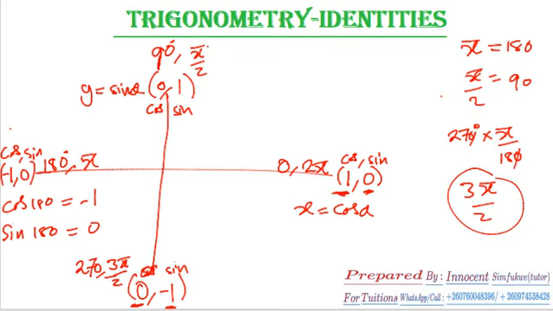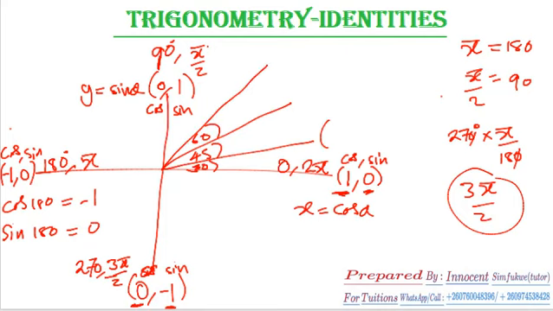And then what if they ask you about maybe sine 30? This is 30. And then apart from that, we have 45, and then apart from that, we have 60. So if it's sine 30 or cos 30, you need to know the first one is root of 3 over 2, comma 1 over 2.